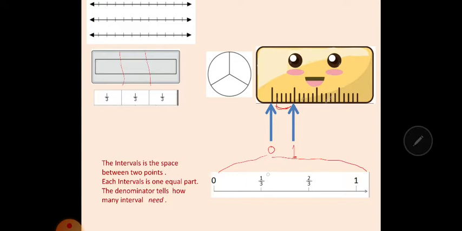I call this interval and this interval, and the intervals tell me how many parts I cut the whole into, so it represents the denominator. So if this is 0, 1/3, 2/3, 3/3, I know I cut my whole into 3 pieces, so that will be my denominator. And if I'm standing here, I plot the point here, it will be 2/3. Okay.